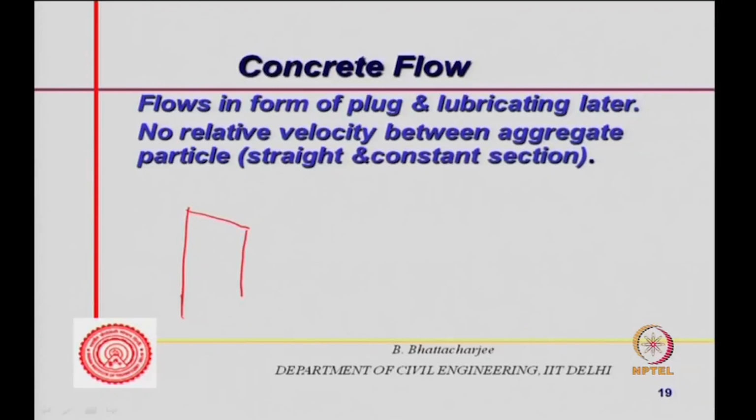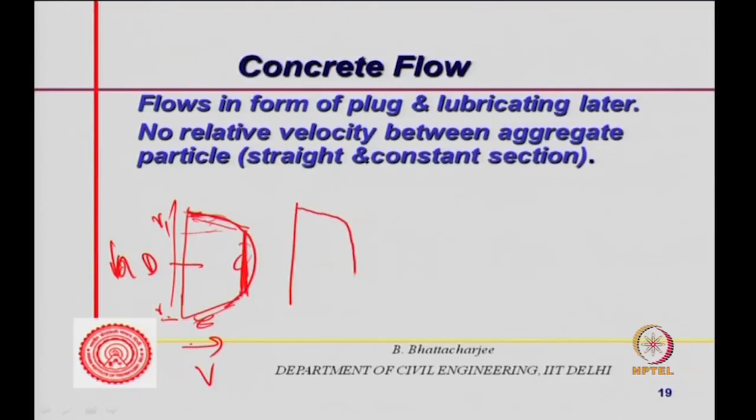This is velocity V along the cross section, V P along this direction, and this is the cross section diameter, so this is radius R and this is R. There will be no velocity at the boundary, and a little bit of velocity gradient because there is a lubricating layer, but in the plug the velocity has to be more or less constant.